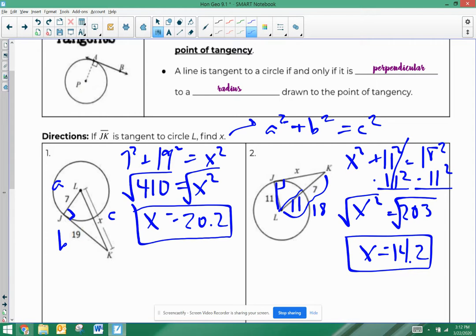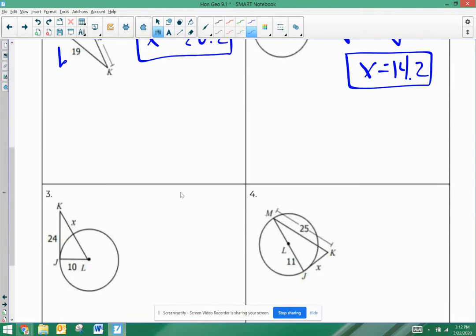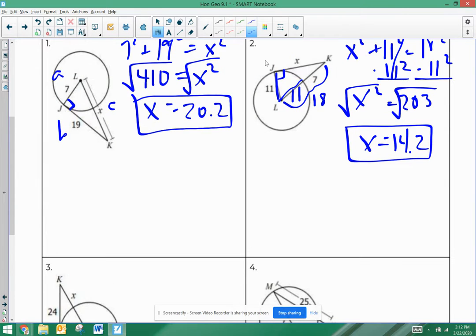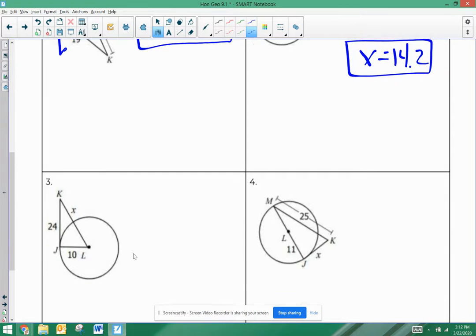All right, moving right along. Number three. Number three is similar to number two in that our radius needs to be added in again. So the point of tangency is here, but I don't have my full hypotenuse. If I know that the radius is 10, I can add that in here. So I know my hypotenuse is x plus 10.